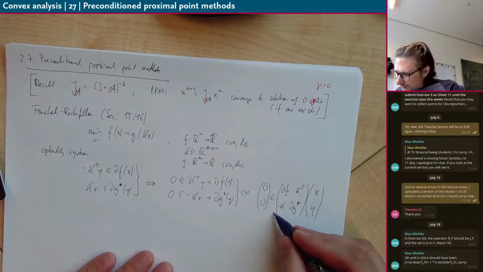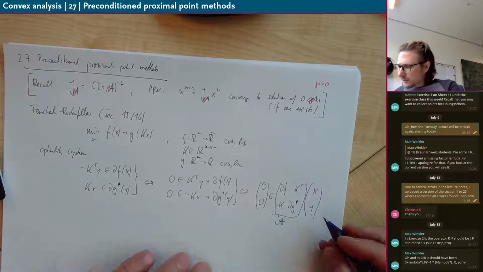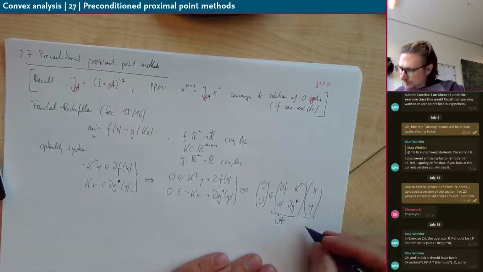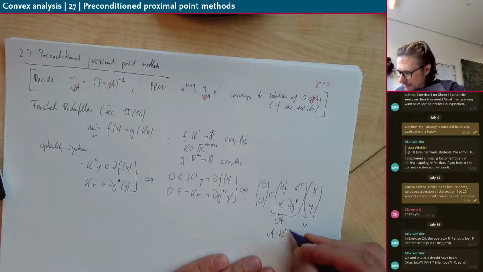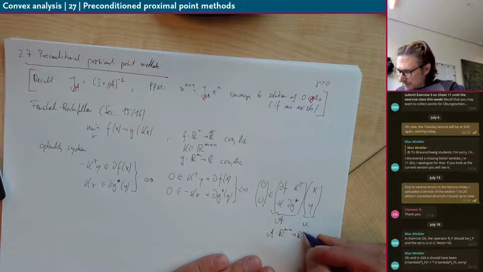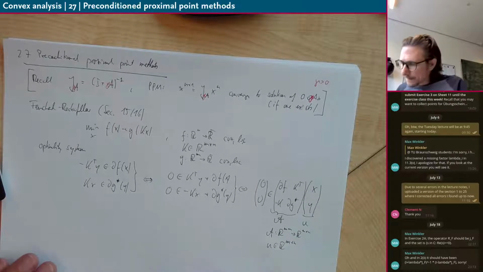Let's call this guy script A in the following, and this variable here will be called u. So this A is a multi-valued operator from R^{m+n} to R^{m+n}, and u is of course contained in R^{m+n}.